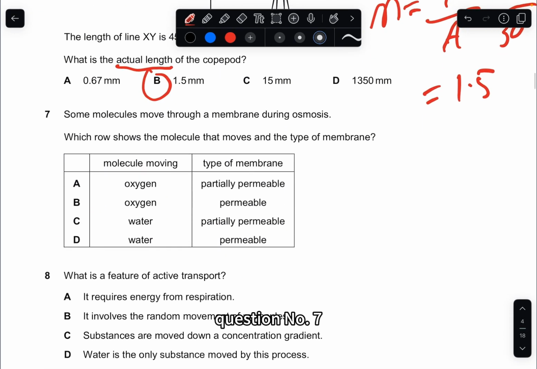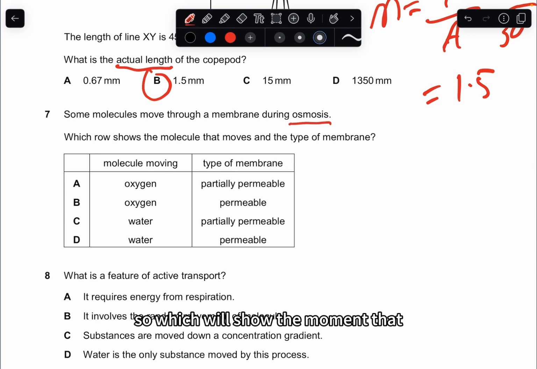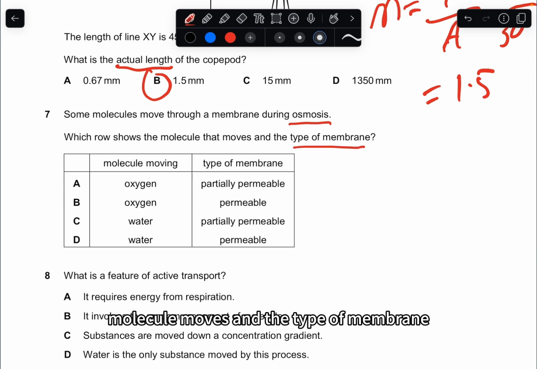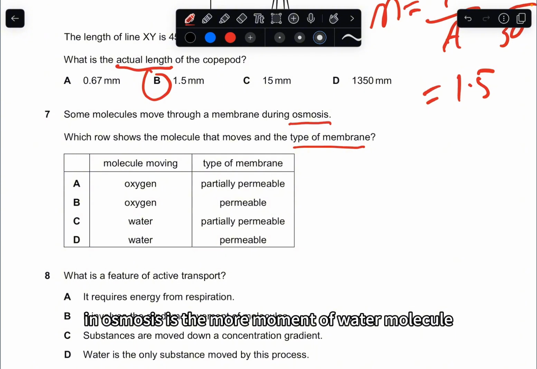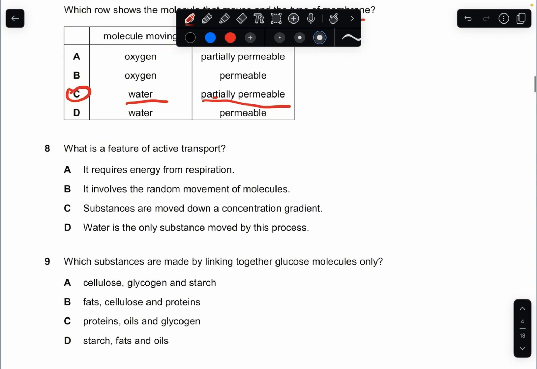Question number 7. Some molecules move through a membrane during osmosis. So which row shows the movement that molecules move and the type of membrane? So osmosis is the movement of water molecules through a partially permeable membrane. So C. Question 8.